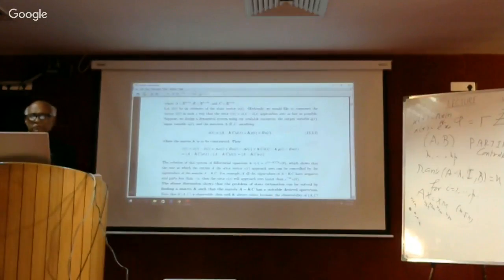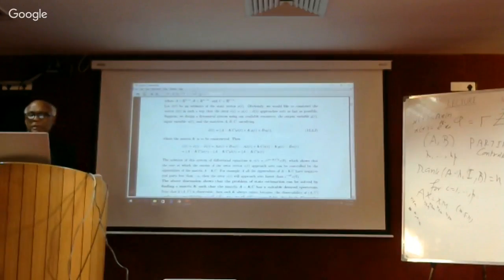For example, if K is constructed in such a way that A minus KC has eigenvalues with real parts less than some number minus alpha, then the error will approach 0 faster, at the rate e to the minus alpha t.